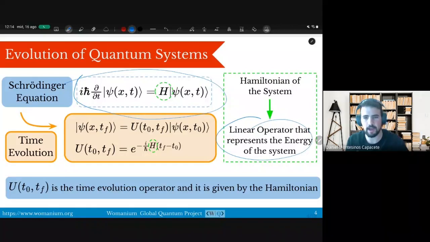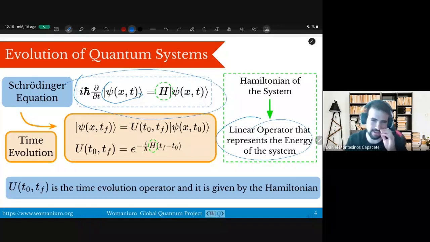The only thing is that this vector, this ket in our Hilbert space, can depend on the position, right? The position is labeled as x in this case, and also the time. That is the only purpose of writing this here, because since this is a differential equation, this means that you are trying to solve for a function.